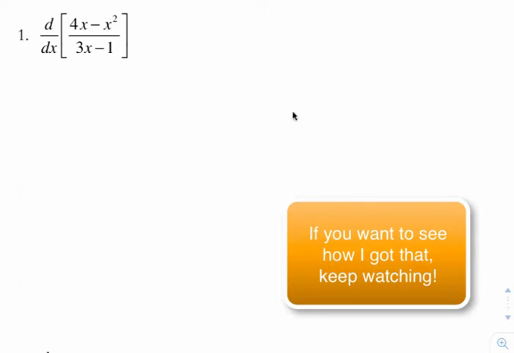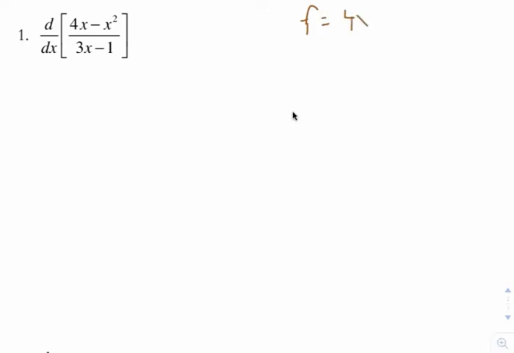So again, we're going to call the top f of x. So the top is 4x minus x squared, and the derivative of that should be 4 minus 2x. The bottom function we'll call g, and the derivative of that is just 3 in this case.